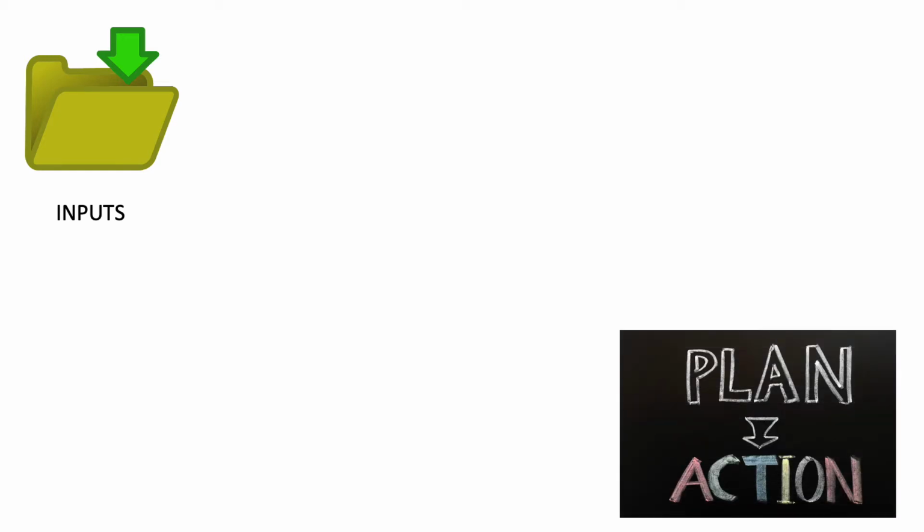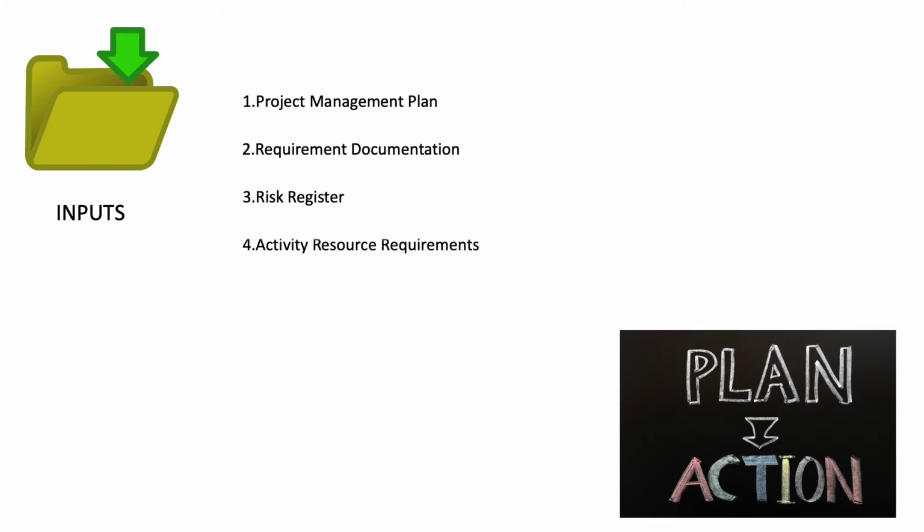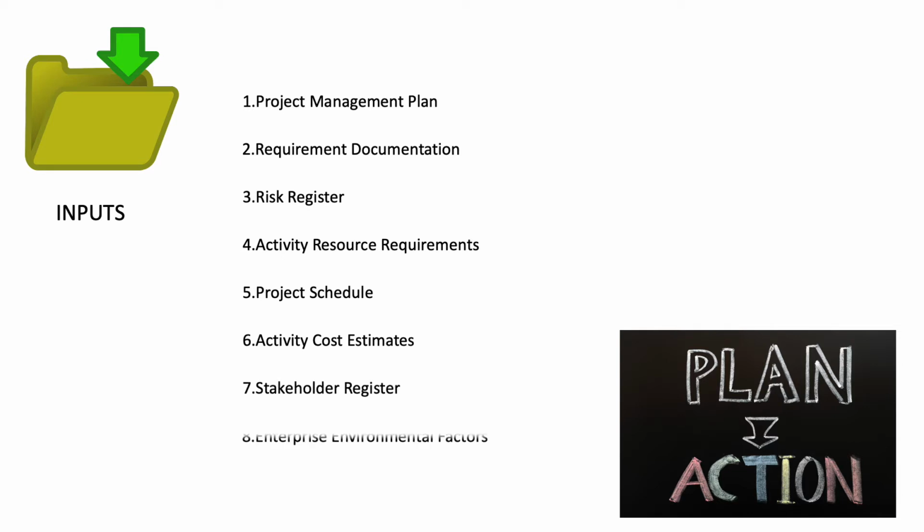Now, let's look into inputs, tools and technology, and outputs of plan procurement management. Inputs consist of project management plan, requirement documentation, risk register, activity resources requirements, project schedule, activity cost estimates, stakeholder register, enterprise environmental factors, organizational process assets.